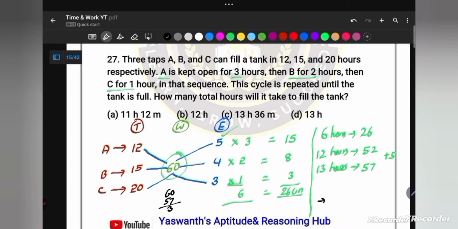Now the time will be equal to the remaining work, 3 units, and A is performing 5 units of the work per hour. We'll be converting this time into minutes by multiplying with 60. It will be 36 minutes. So after completing 13 hours 36 minutes, the total 60 units of work will be done. That will be option C.